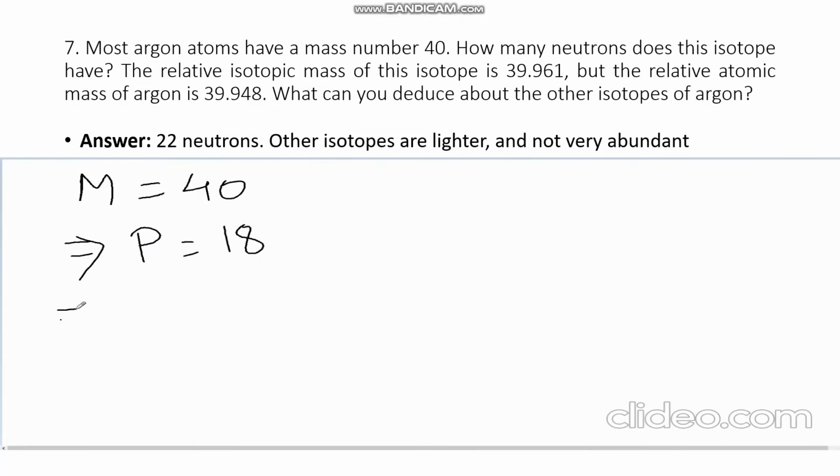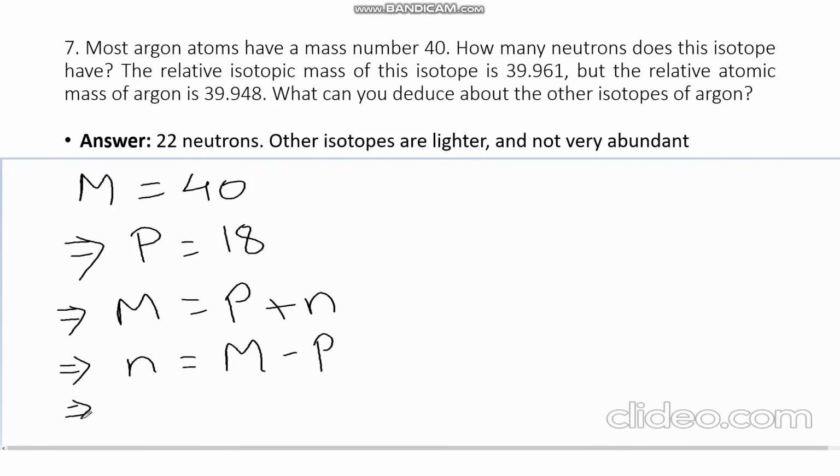We also know that mass number is equal to number of protons plus number of neutrons. That means number of neutrons is equal to mass number minus number of protons, which gives us N is equal to 40 minus 18 in this case.